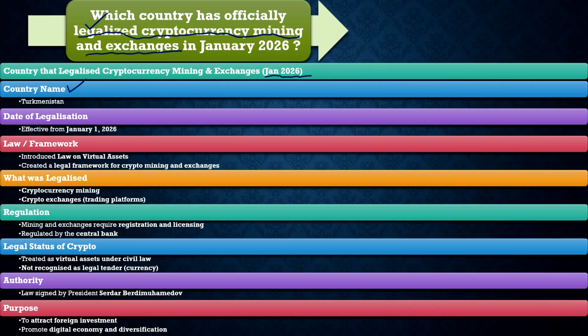They legalized cryptocurrency mining, crypto exchanges and trading platforms. The legal status of crypto here is that it is treated as virtual assets under civil law and not recognized as legal tender currency.